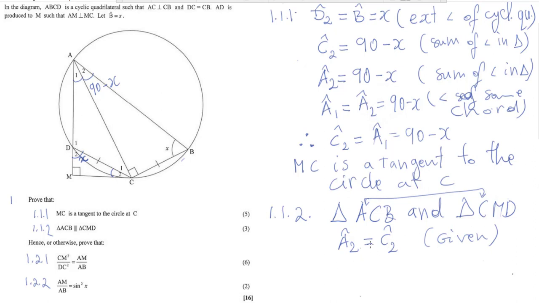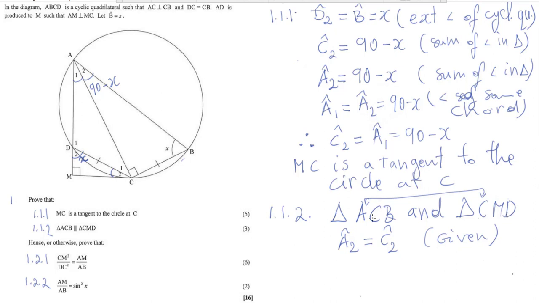Now, the next one we have to prove, the angle C is equal to the angle M. But can we jump to the angle B should be equal to angle D?